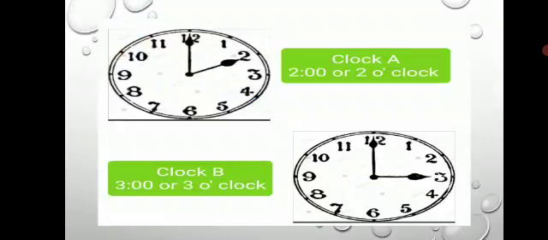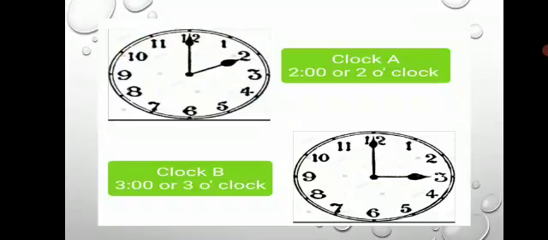Now children, let us observe clock A and clock B. In clock A, the hour hand is at 2 and the minute hand is at 12. So the time is 2 or 2 o'clock. Similarly children, in clock B, the hour hand is at 3 and the minute hand is at 12.